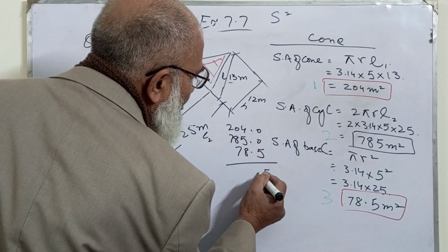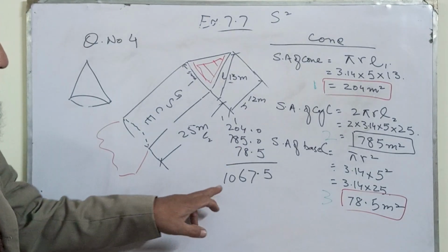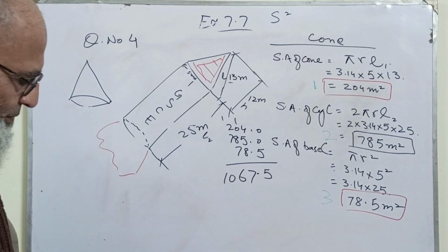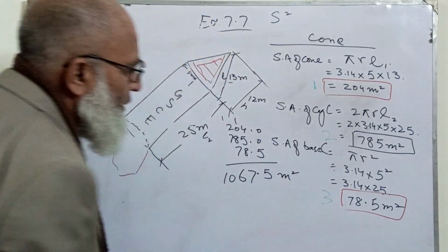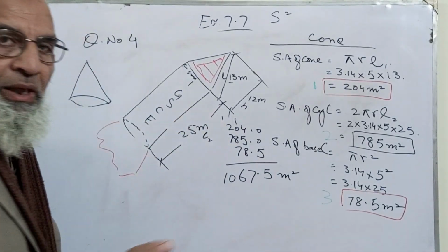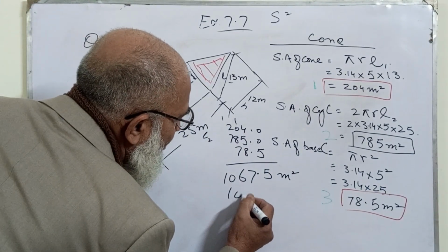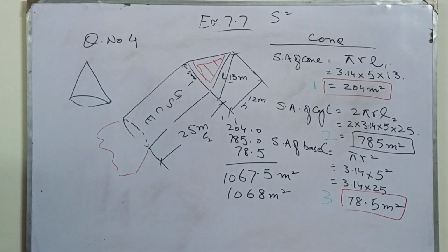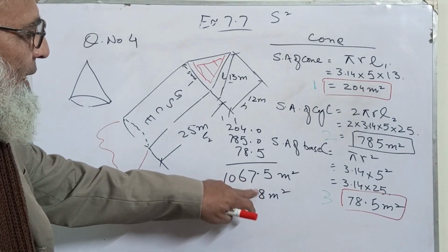Now it has become 1067.5 meters square. Now let me check. Since all your answers are rounded off, I can take it as this now, because this has been rounded to the nearest one.